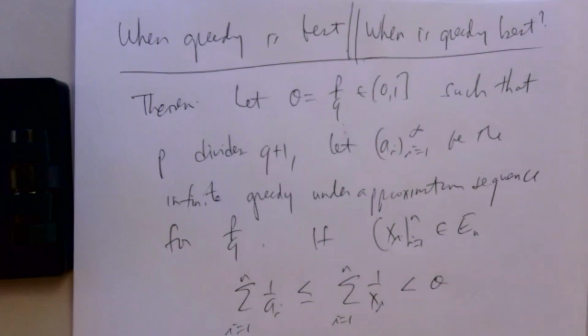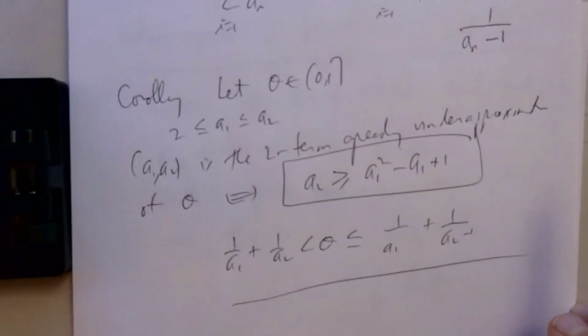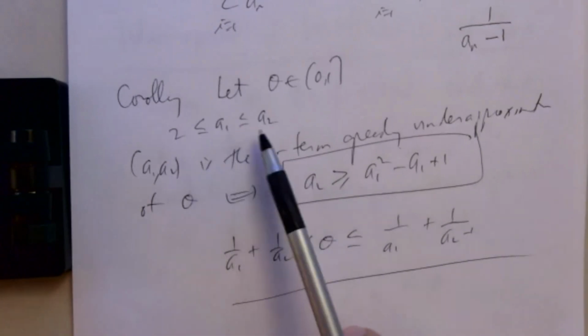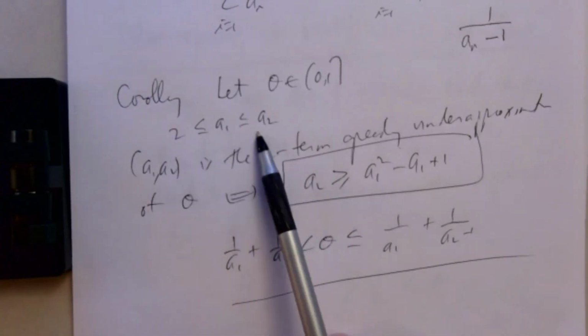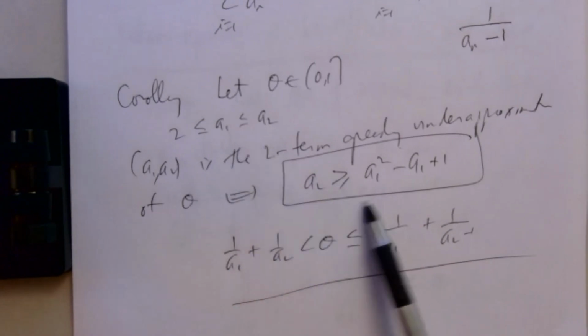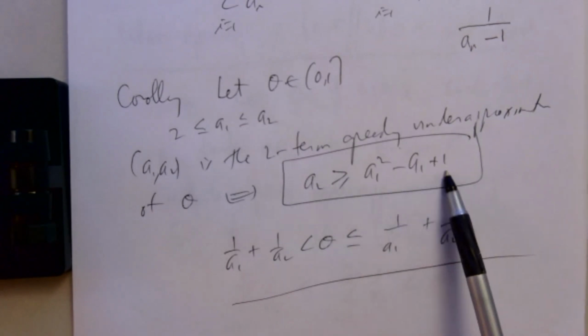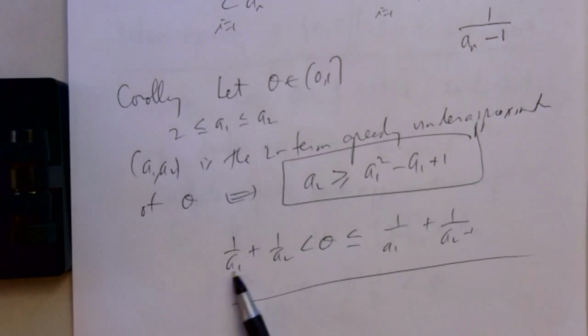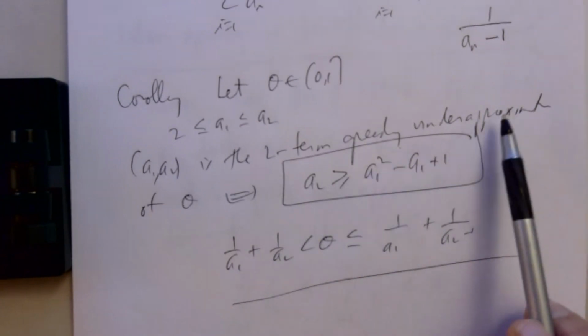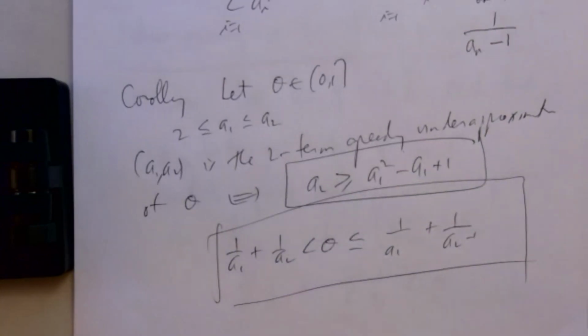I had written down a few minutes ago a criterion for how you know if you have two numbers a1 and a2, a1 less than or equal to a2, so long as a2 is sufficiently large, which means bigger than a1 squared minus a1 plus 1, then 1 over a1 plus 1 over a2 is the two-term greedy under approximation for all theta in this interval.